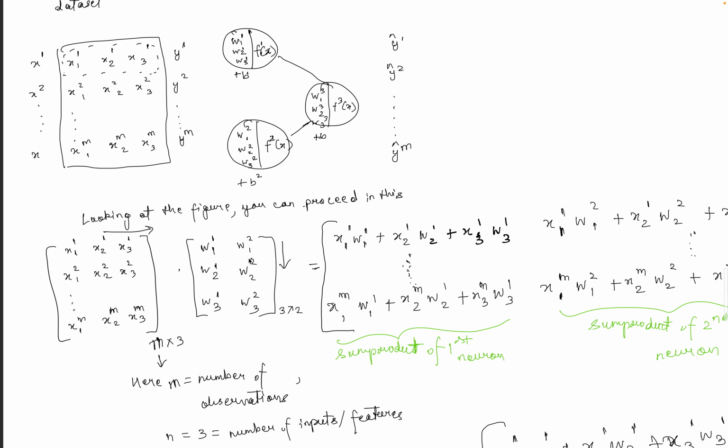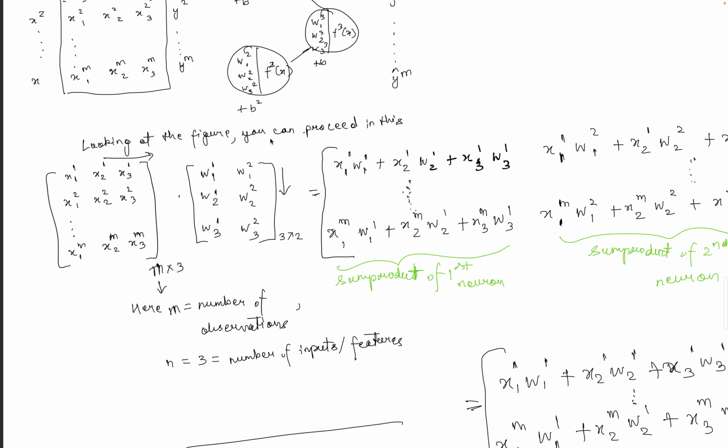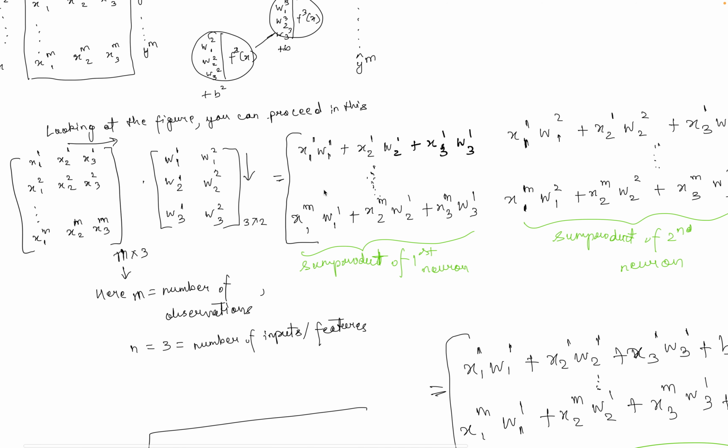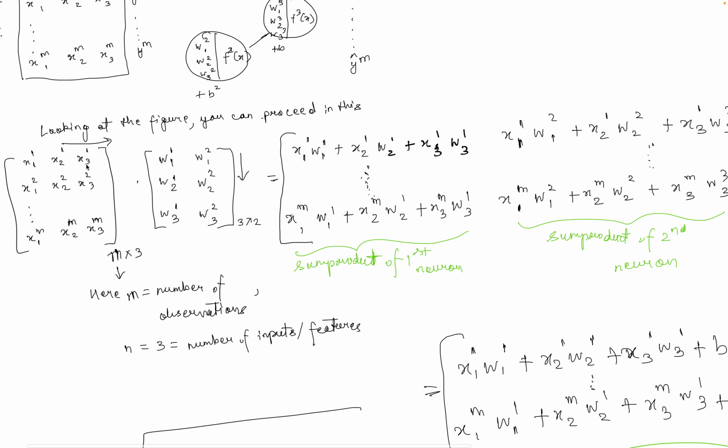Similarly, W21, W22, W23 are the weights associated with my inputs for the second neuron. Performing the matrix calculation, this row along with this column, we get x11 W11, plus x12 W12, plus x13 W13.